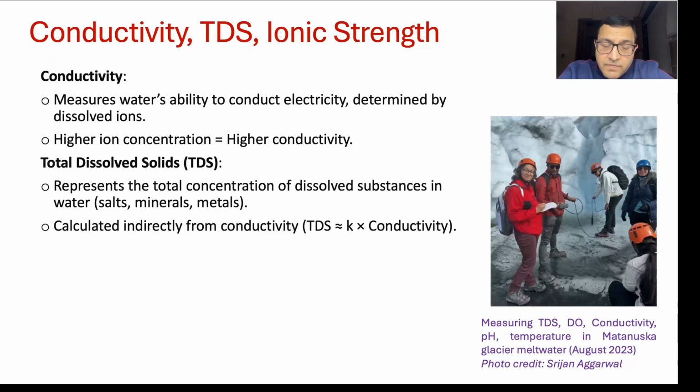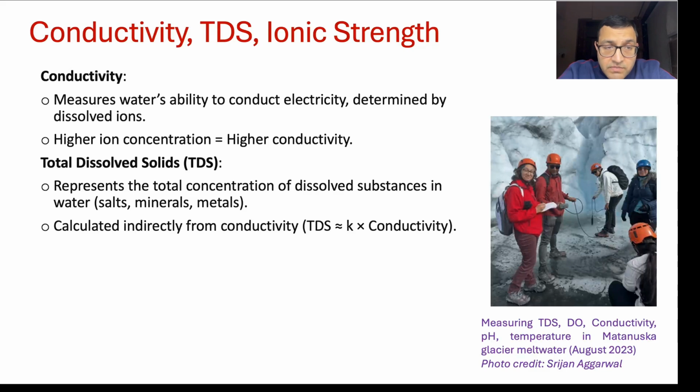Now, total dissolved solids. This represents the total concentration of dissolved substances in water: salts, minerals, metals. But note it's different from conductivity, because for conductivity you only need ions, not neutral species, but total dissolved solids would also include any neutral species that is dissolved, while conductivity would include only the charged ions in the water.